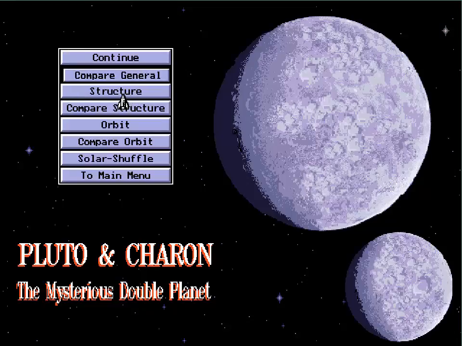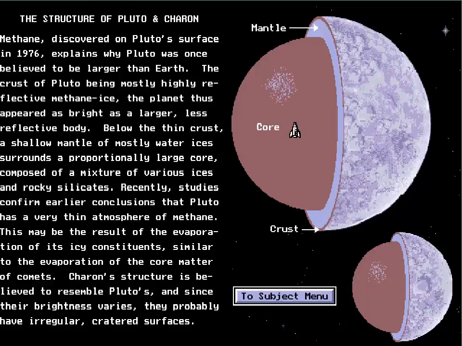All right, let's look at the structure. Methane, discovered on Pluto's surface in 1976, explains why Pluto was once believed to be larger than Earth. The crust of Pluto being mostly highly reflective methane ice, the planet thus appeared as bright as a larger, less reflective body. Below the thin crust, a shallow mantle of mostly water ices surrounds a proportionally large core composed of a mixture of various ices and rocky silicates.